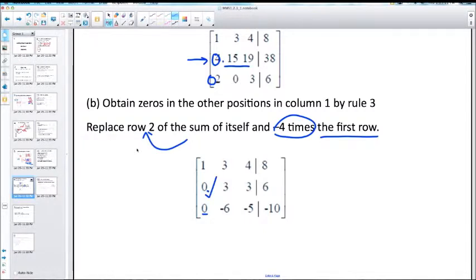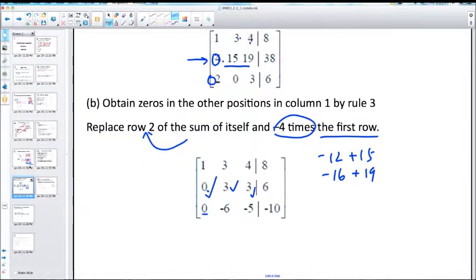That's your purpose. 3 times -4 is -12. -12 plus 15 is 3. And 4 times -4 is -16 plus 19 is 3. Okay, so you get a nice 2 zeros.